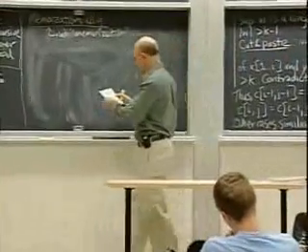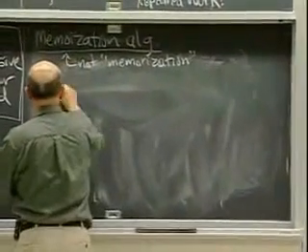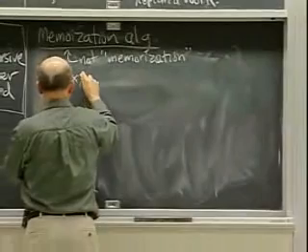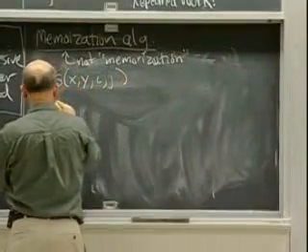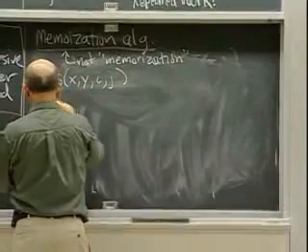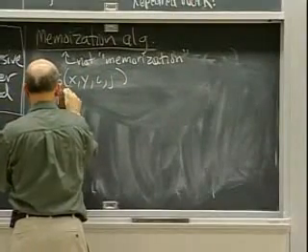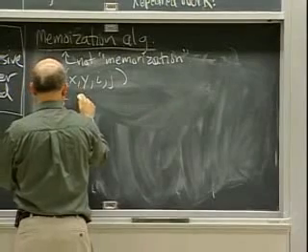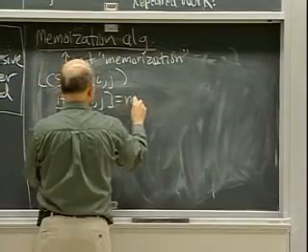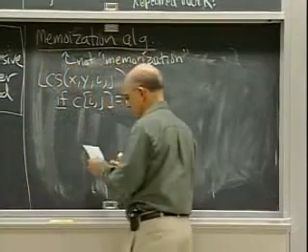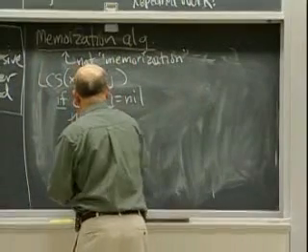Okay? So here's the code. It's very similar to that code. So it basically keeps a table around of c[i,j]. What we do is we check. If the entry for c[i,j] is nil, we haven't computed it, then we compute it. And how do we compute it?